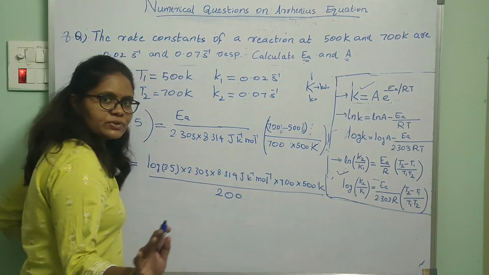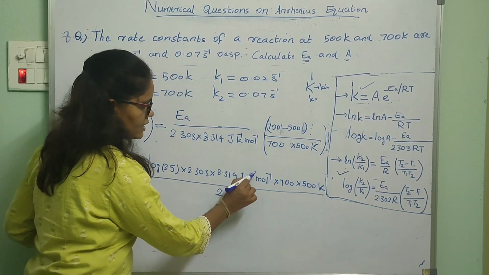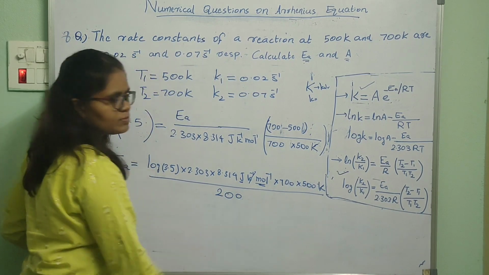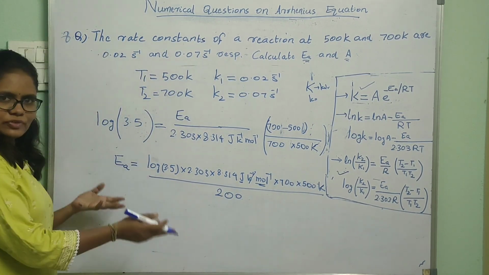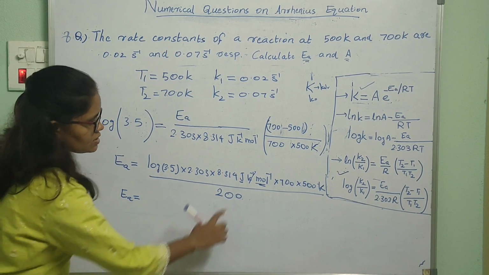So let us first try to cancel the units. Here I can cancel Kelvin and Kelvin inverse. So the unit that you have is joules per mole. That is the unit of energy, right? So activation energy is expressed in joules per mole.